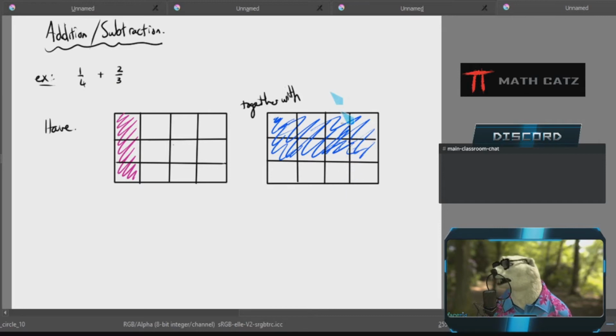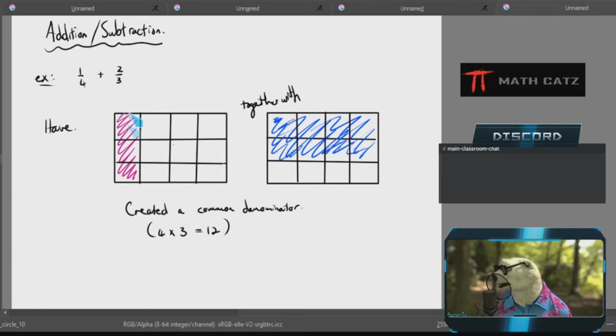For the second rectangle, use the other denominator and split it up in the other direction. Now we've created 12 pieces. By doing this, we've created a common denominator by making them comparable. And it's always going to be 4 times 3, the product of the two denominators.